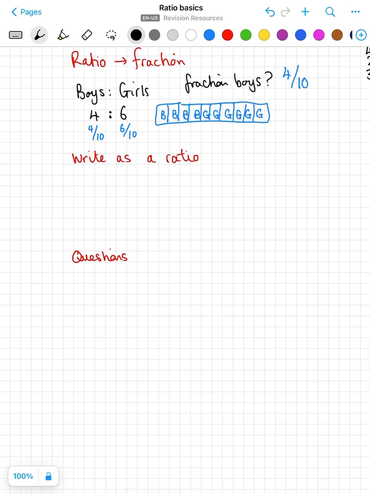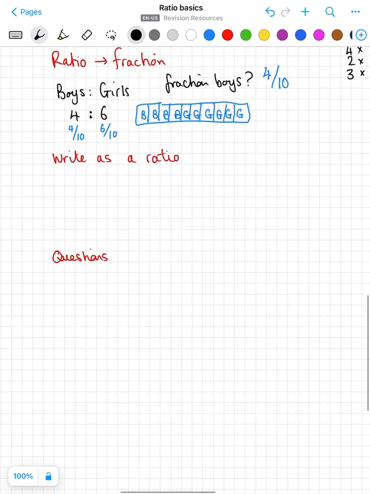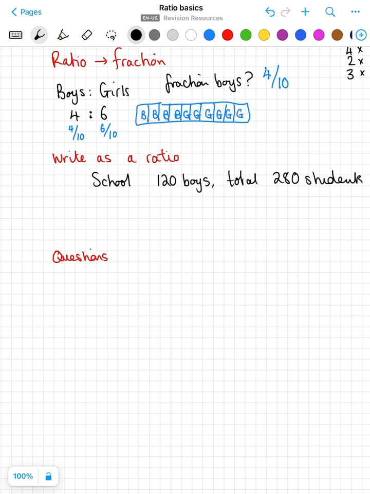Sometimes we have to go from words to write something as a ratio. For example, let's say in a school there are 120 boys and there's a total of 280 students. What's the ratio of boys to girls?